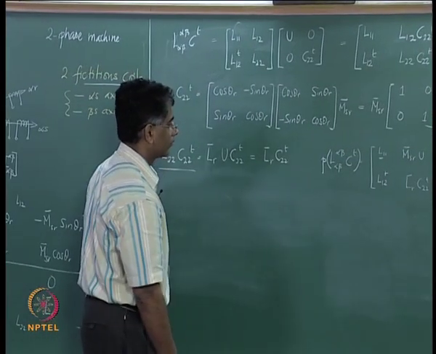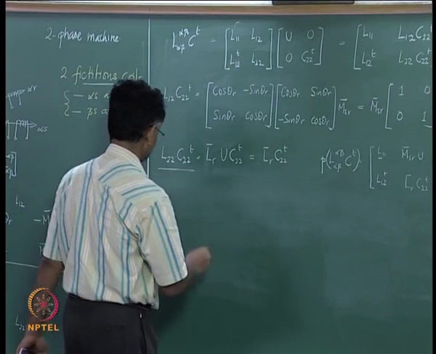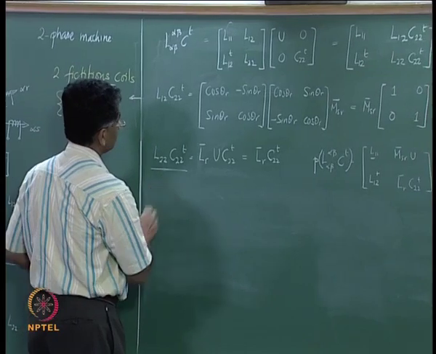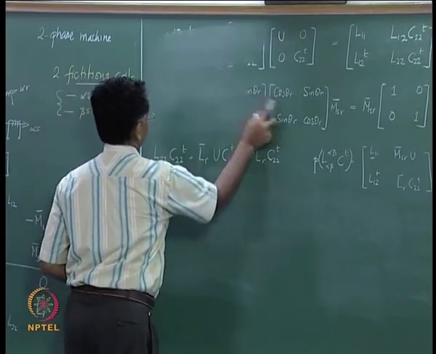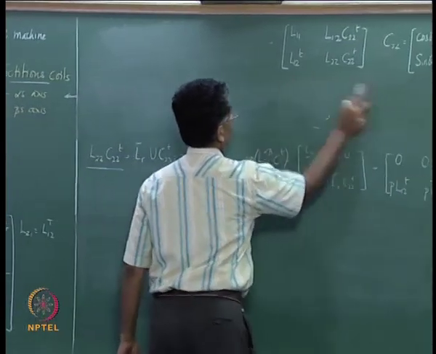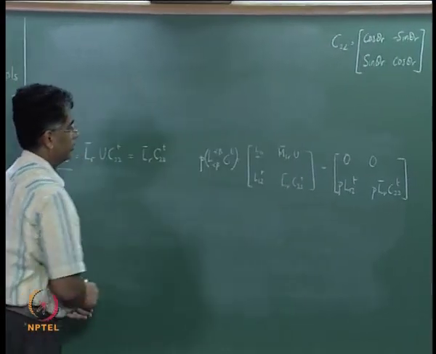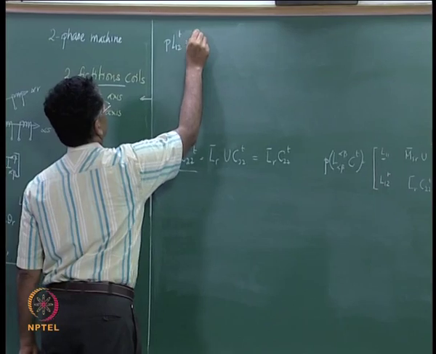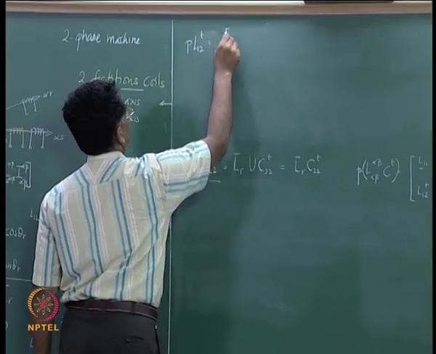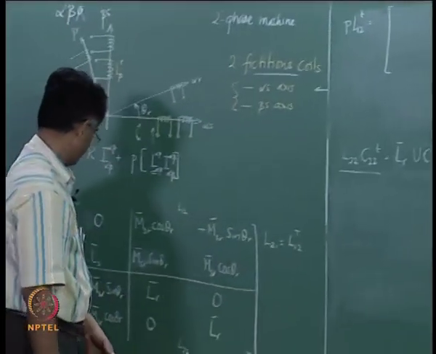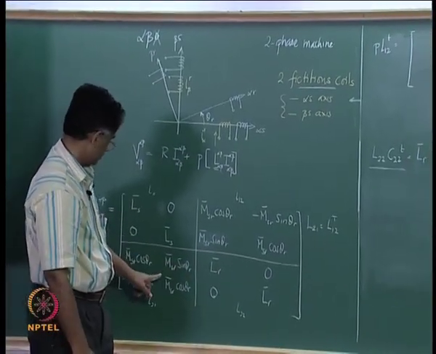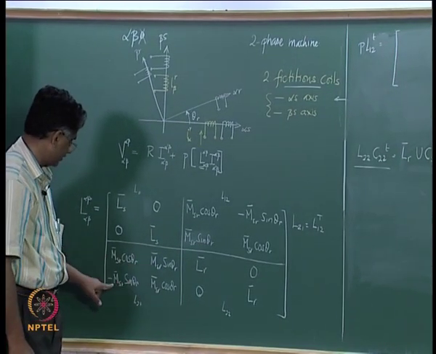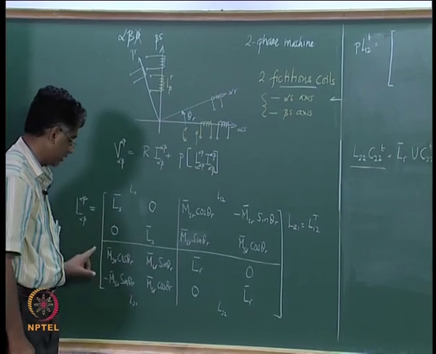And now let us evaluate those expressions. We do not need these anymore, so we will do this here. P of L12 transpose is nothing but the derivative of this expression. If you look at this, MSR bar is there everywhere, that can be taken out.